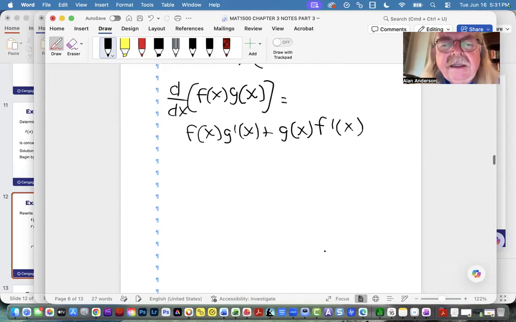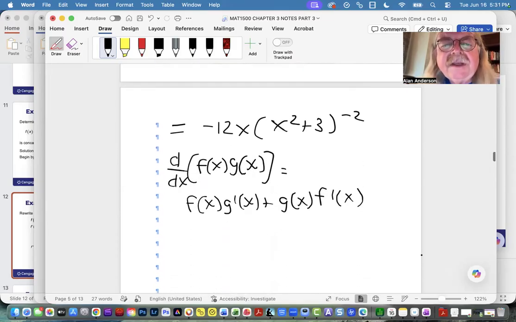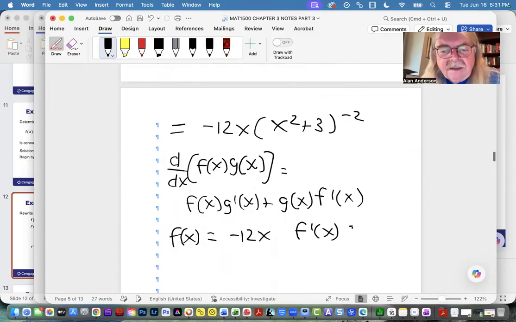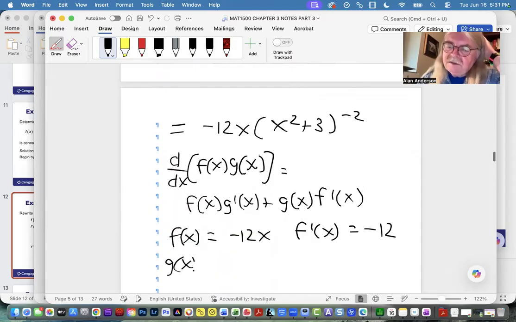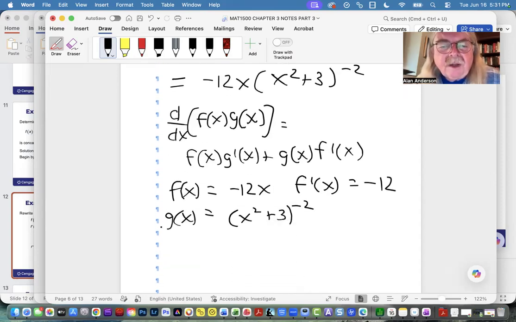Now, the f of x is easy. F of x is now being defined as negative 12x, which means that f prime of x is just minus 12. Okay. But if g of x is x squared plus 3 to the minus 2, then g prime of x is the one that needs the chain rule.